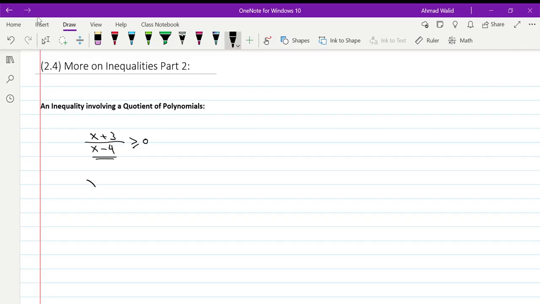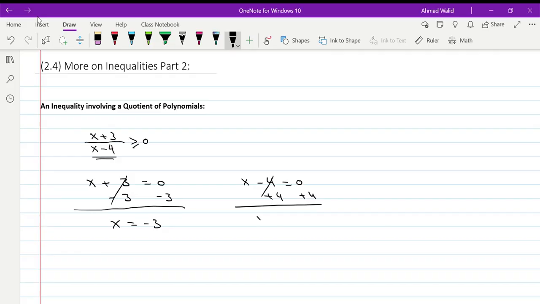X plus 3 equals 0, you solve it, and x minus 4 equals 0, and you solve it, correct? These are the key numbers. Here you subtract 3 from both sides and you end up with x equals -3. Here you add 4 to both sides and you end up with x equals 4, which are the key points.